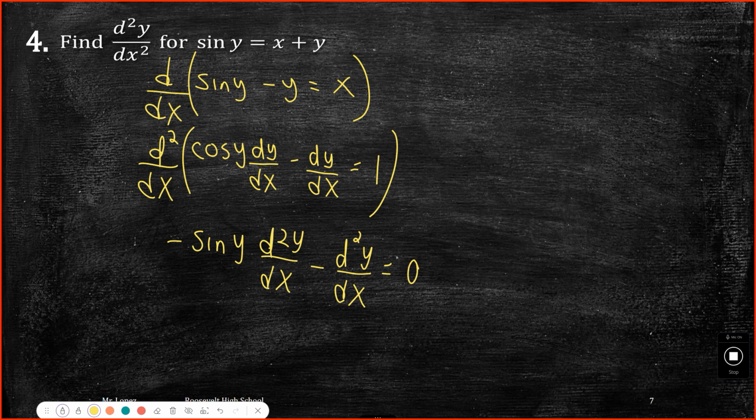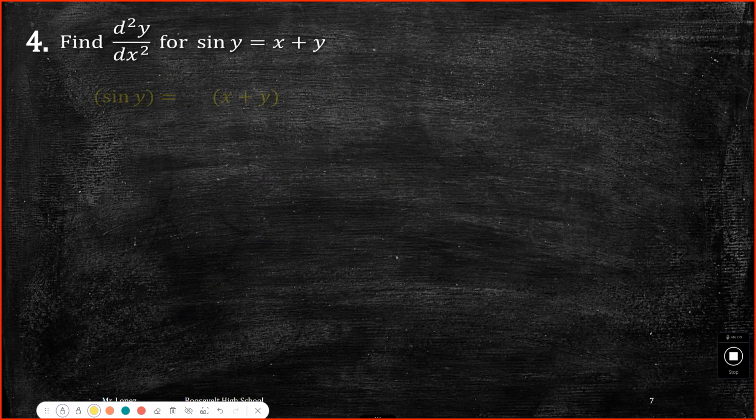Then we can factor out the second derivative. Uh-oh. How the heck is this going to be wrong? It's going to be 0, because if I factor it out and divide it into here, it's going to be 0. So we run into a problem here.